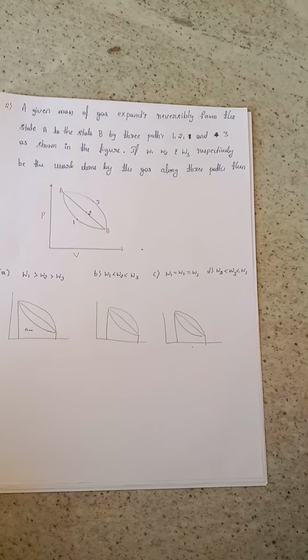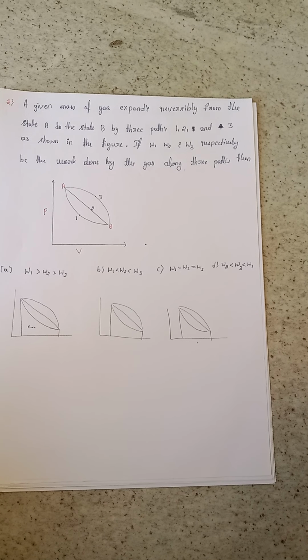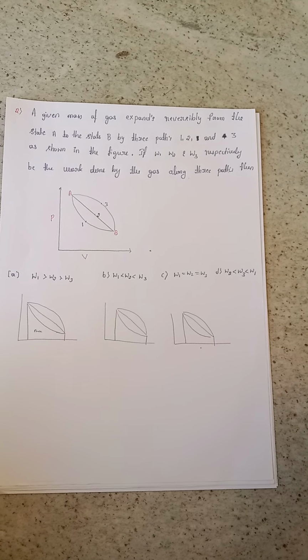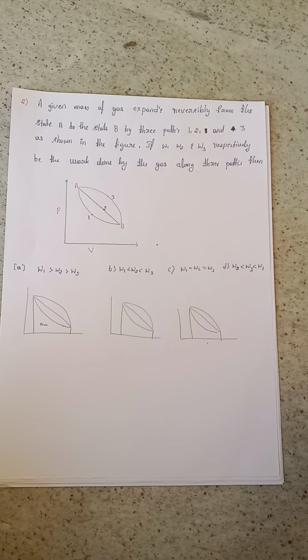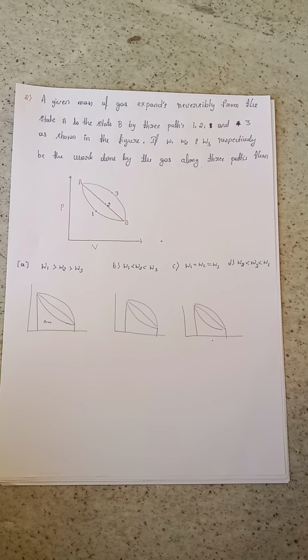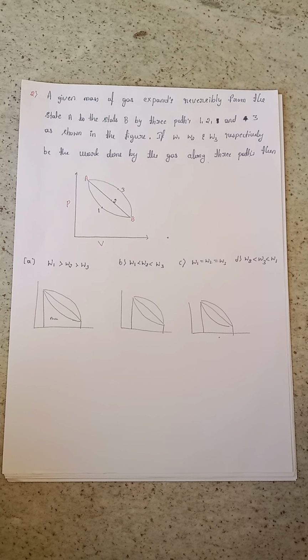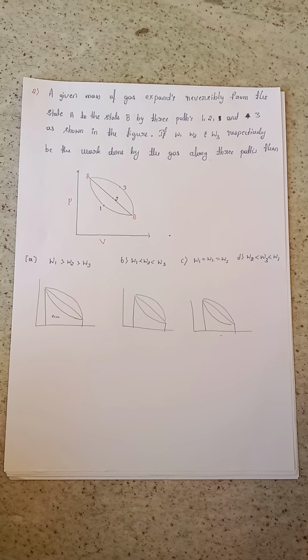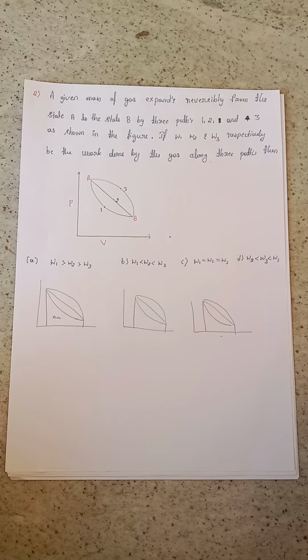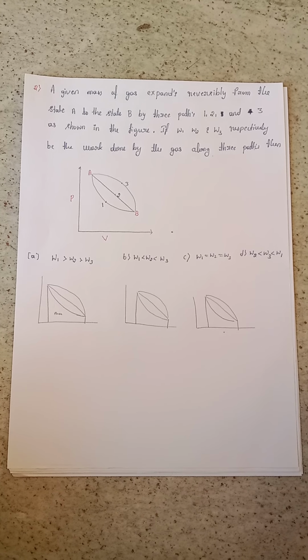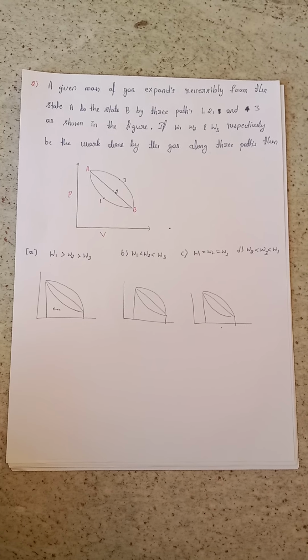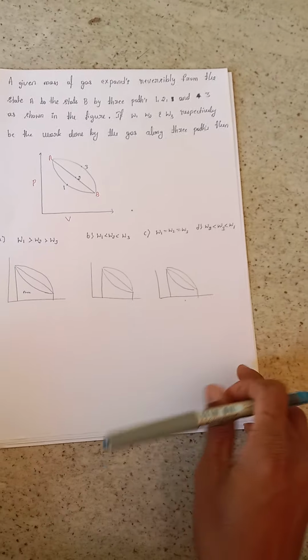Second question: a given mass of gas expands reversibly from state A to state B by 3 paths, 1, 2 and 3, as shown in the figure. If W1, W2 and W3 are respectively the work done by the gas along the 3 paths.